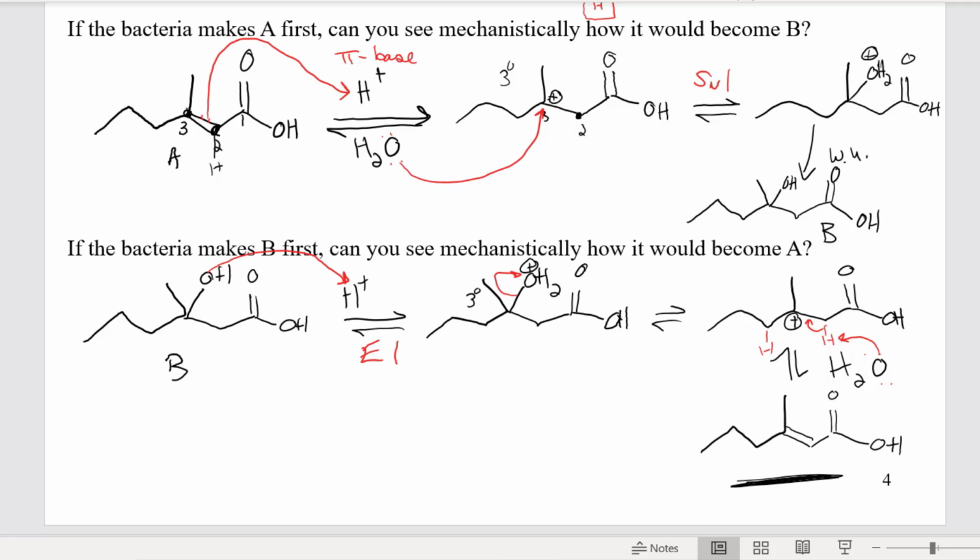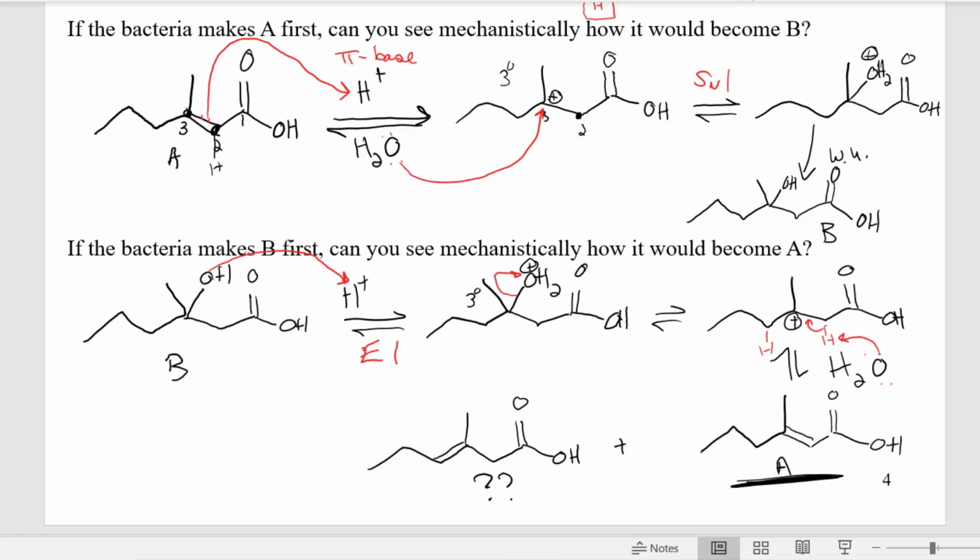Why is this the major product, A? Why didn't I see this guy over here on the left?